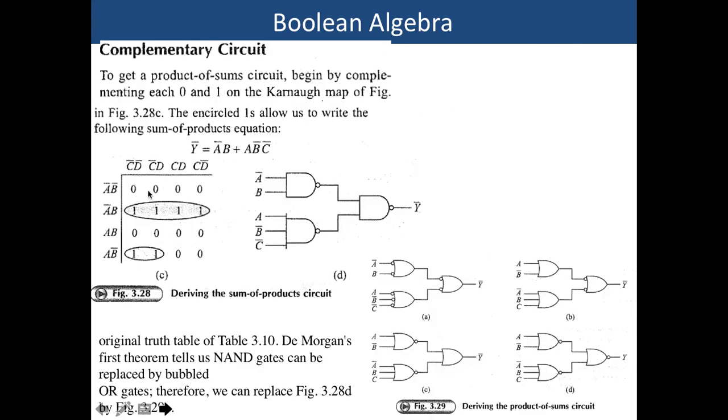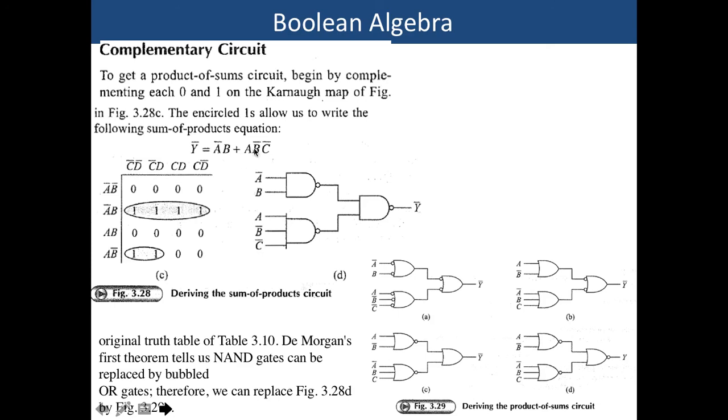So here we put the 0, here we put the 1, here we put the 0, here we put the 1. Then again write the equation, so A bar B for this, and for the other group AB bar, and here C bar is common, so plus AB bar C bar.